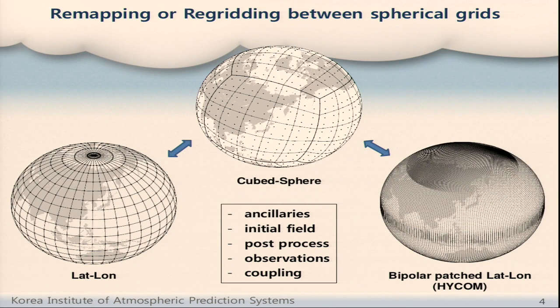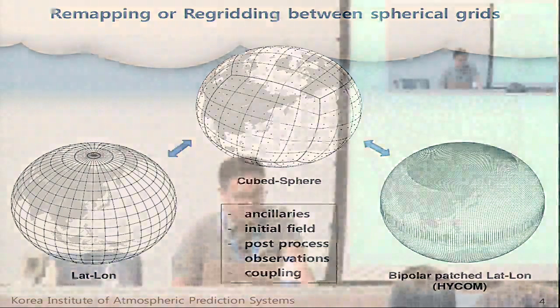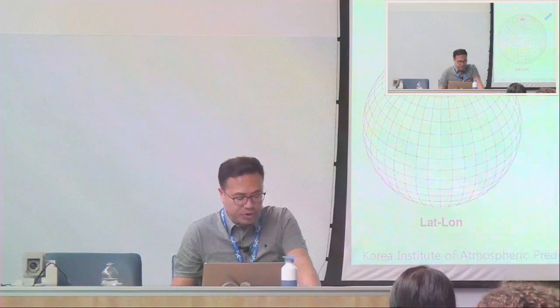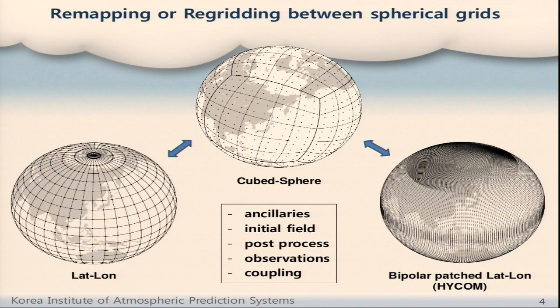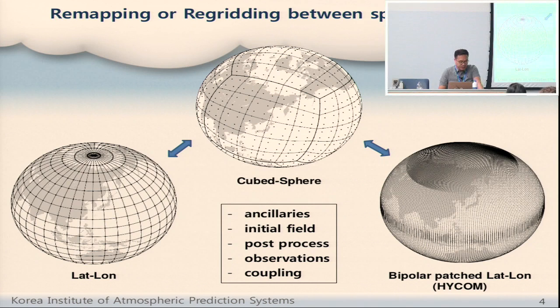If I want to combine an atmospheric model using the cube-sphere grid and an ocean model using the tripolar grid, mutual remapping between the different grid systems is required. Remapping is also required for preparing ancillary data, initial field generation, post-processing, observation data processing, and so on.